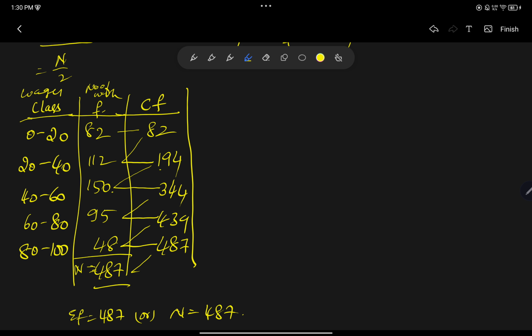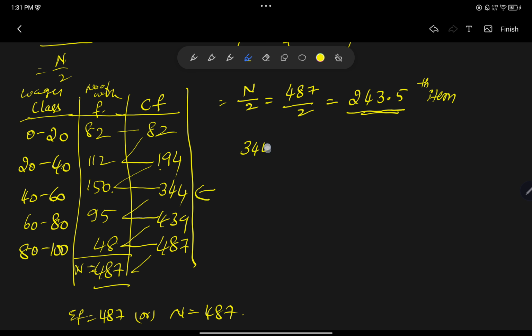Also, what do we need to do next? Next, we need to find N by 2. What is N? 487 is N, divided by 2. So 487 divided by 2 is 243.5. We got the 243.5th item. Now, the value in the CF that is more than 243.5 is 344.